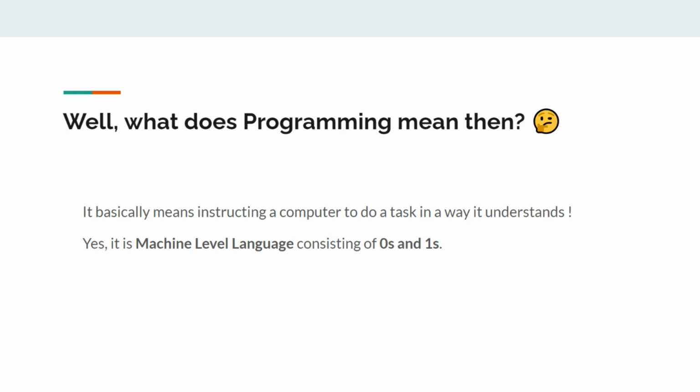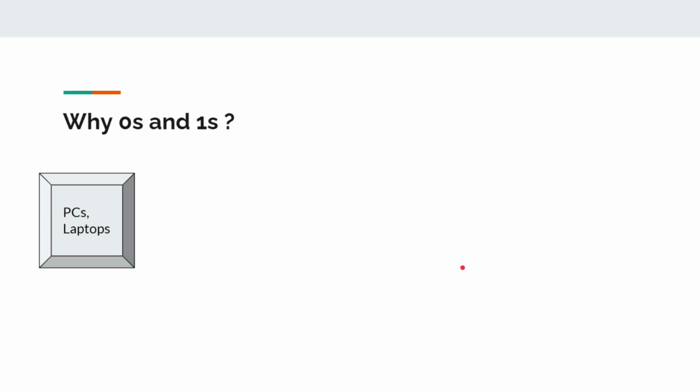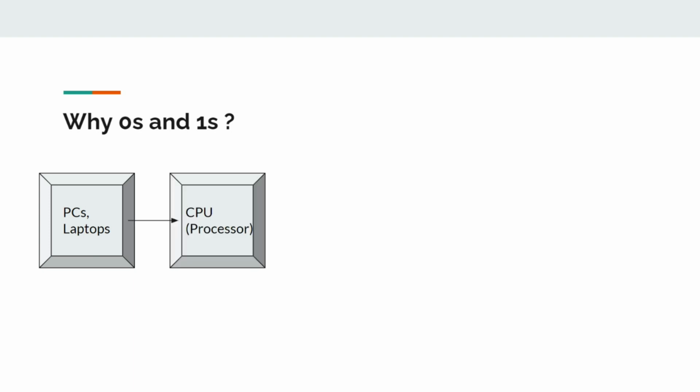And the third generation programming languages are the high level programming languages which we use, example C++, Python, Java, etc. So, as I was saying, personal computers and laptops only understand the language of zeros and ones, which is the binary level language. Why is it so? Because we are looking at the topmost end of the product, which is the laptops or PCs or whatever. Inside the device, there is something called a processor.